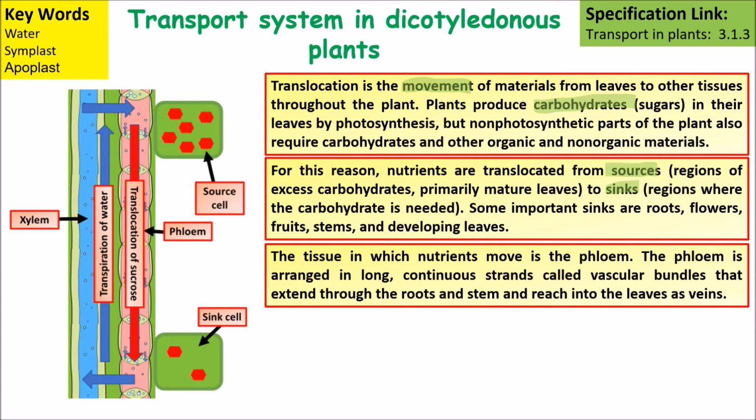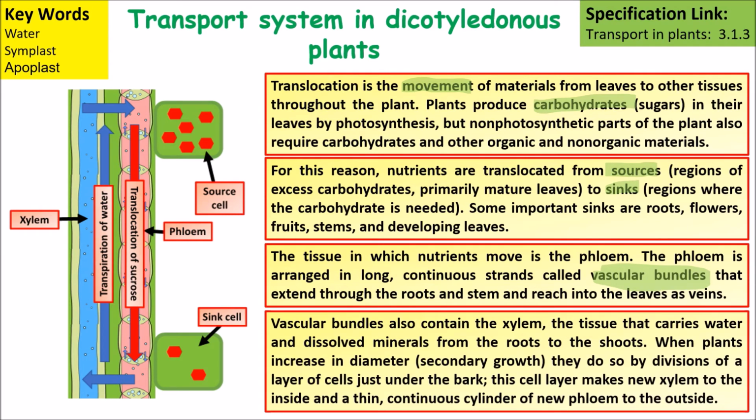The phloem is arranged in long continuous strands called vascular bundles that extend through the roots and the stem and reach all the way to the leaves as veins. Vascular bundles also contain xylem tissue, which carries dissolved minerals from the roots to the shoots.